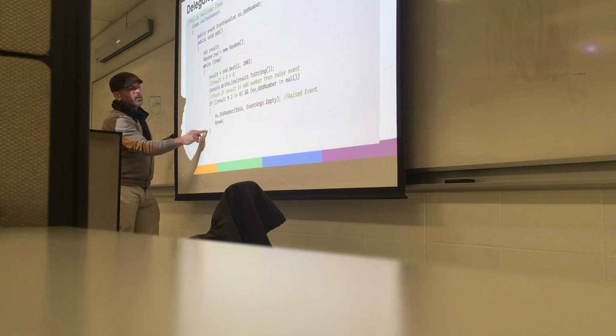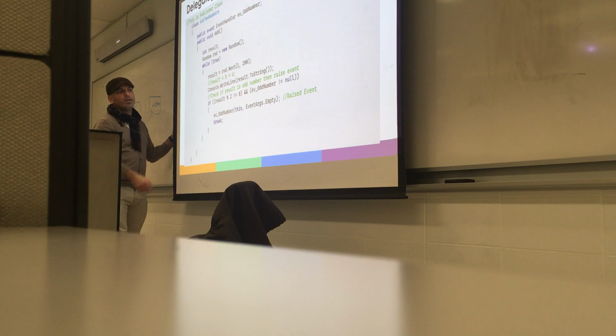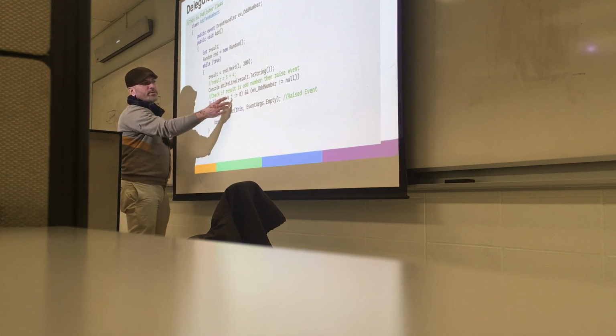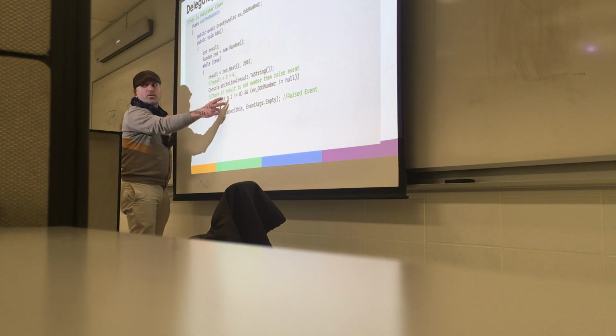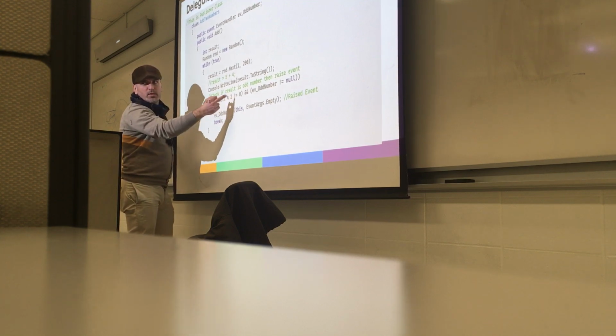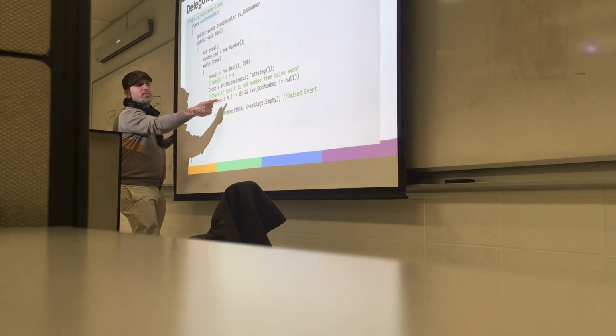Here I invoke the event handler based on two conditions. The first condition, the logic: if result mod 2 is not equal to 0, that means this number is odd.